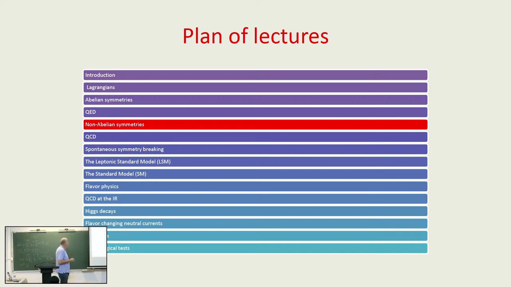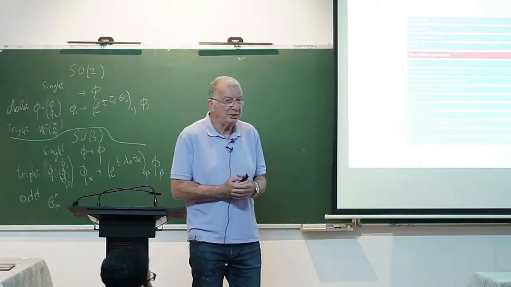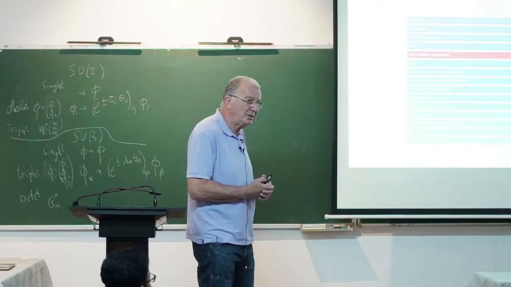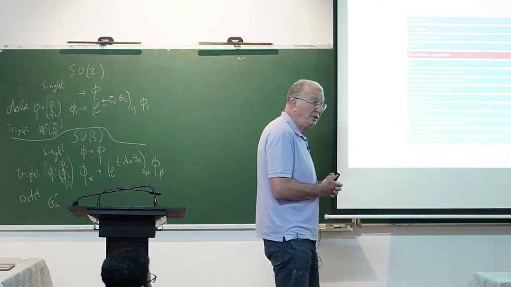Then we discussed abelian symmetries, or the concept of symmetries altogether. We said that discrete symmetries lead to selection rules, that global continuous symmetries lead to charge conservation, and that local continuous symmetries lead to the prediction that there are interactions mediated by massless spin-1 mediators.